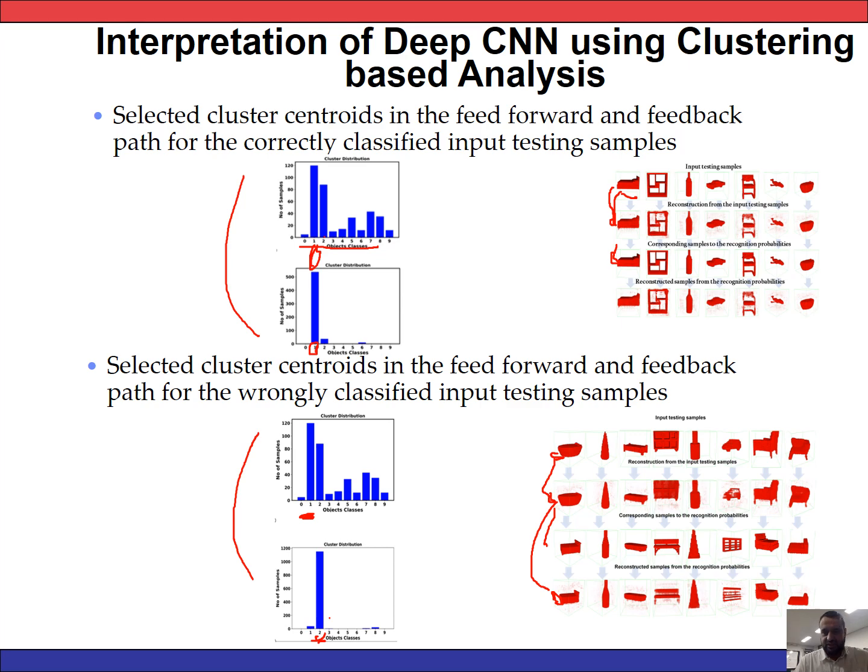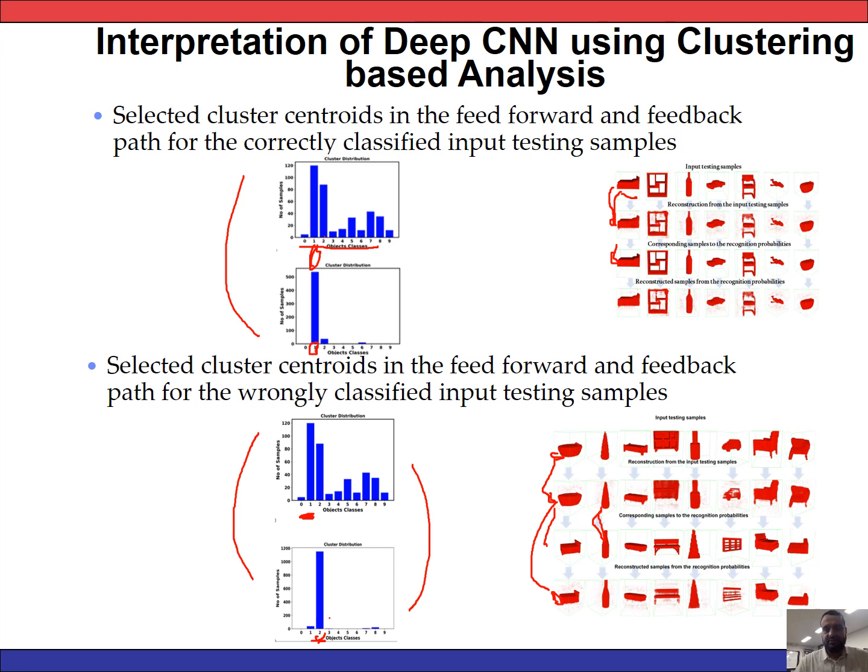Similarly, this is another example of a bottle and a tree. Both shapes are similar, so the neural network found it difficult to differentiate between those two objects. But this clustering based approach provides us a way: if the selected clusters in both directions are the same, it means that the classification is correct. But if they are different, then there is a misclassification.